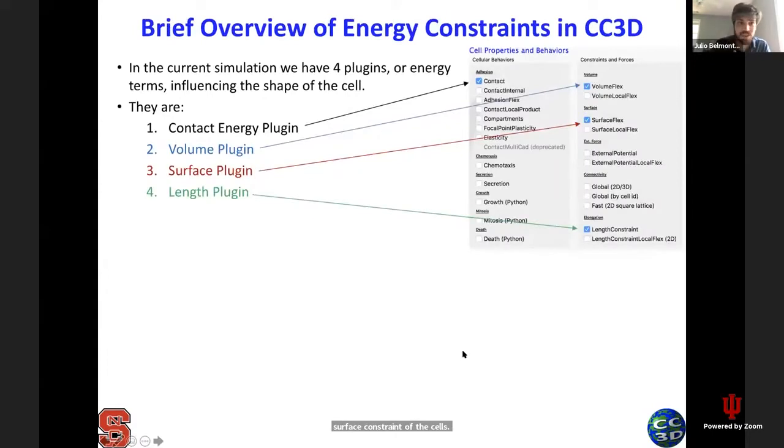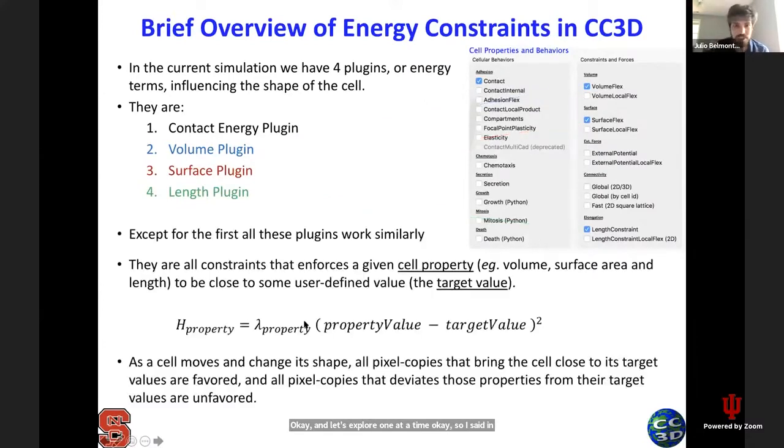As I said, in the current simulation you have four plugins all working at the same time. Except for the contact energy plugin, which is very different from the other ones, the last three, volume, surface, and length constraint, work in a similar manner. You have to give them a target value.